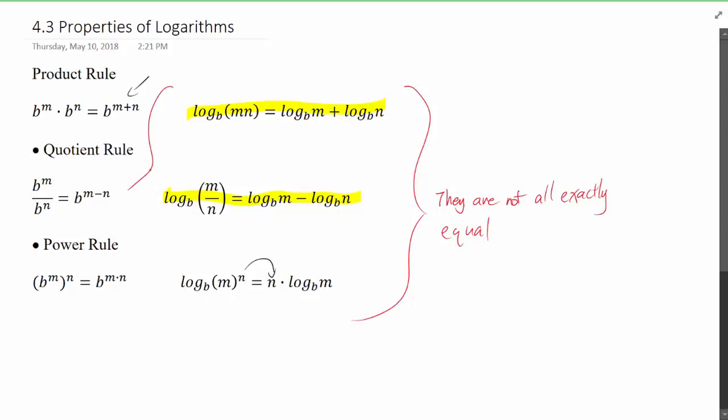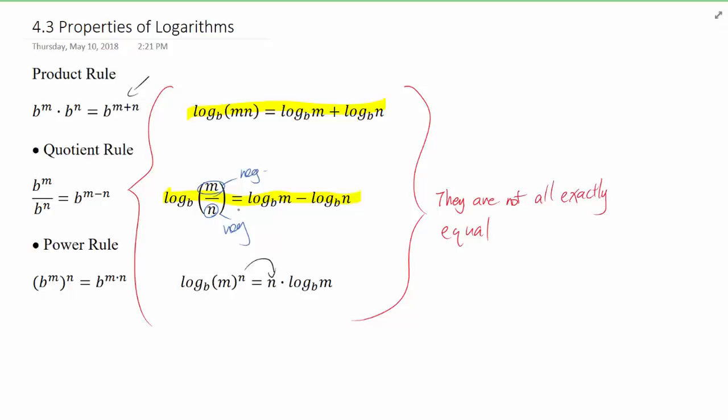The reason for this is, let's say if m is negative and n is negative, then it will work.